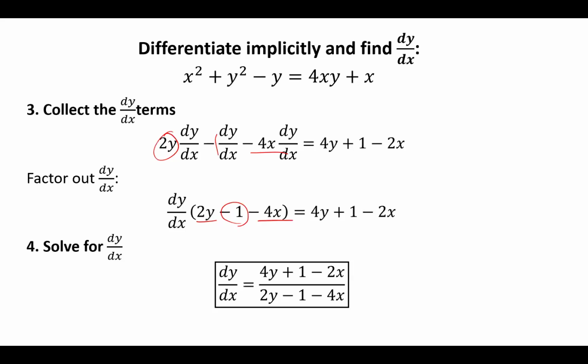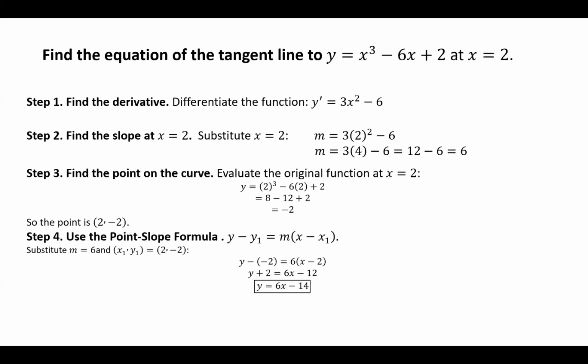Let me do something else that you could do with the derivative. Well, a typical question for the derivative is to find the tangent line at a point, because the derivative represents the slope of the tangent line. So in this question, I would find the derivative of this, which is 3x squared minus 6.